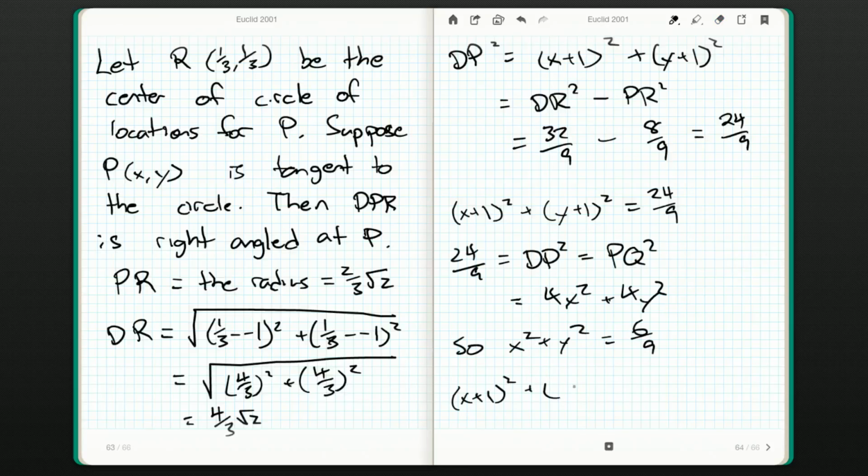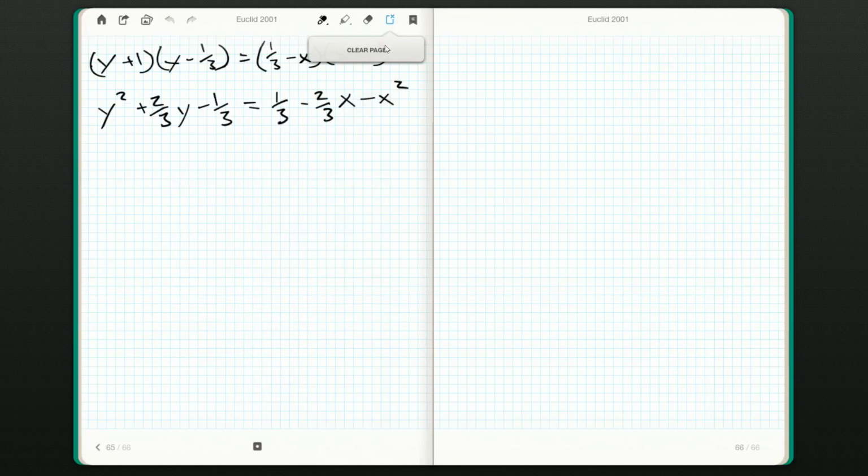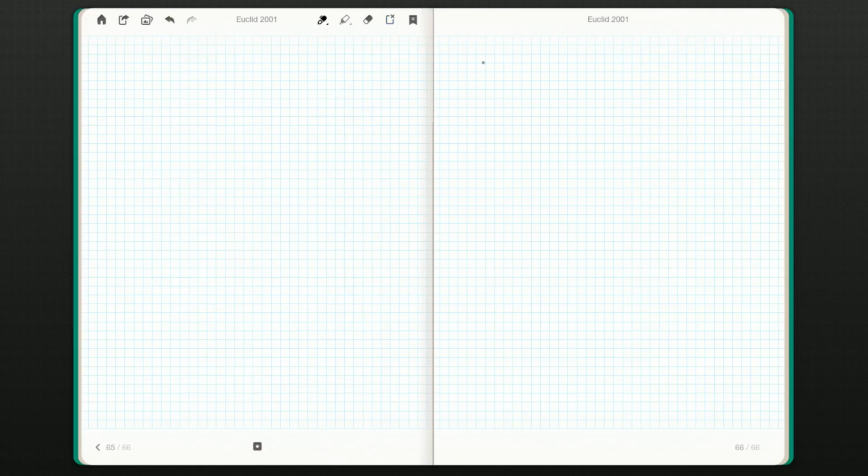So x plus 1 squared plus y plus 1 squared is equal to 24 over 9. And that's x squared plus 2x plus 1 plus y squared plus 2y plus 1 is 24 over 9. And I can substitute in x squared plus y squared. So that's 6 over 9 plus 2x plus 2y plus 2 is equal to 24 over 9.